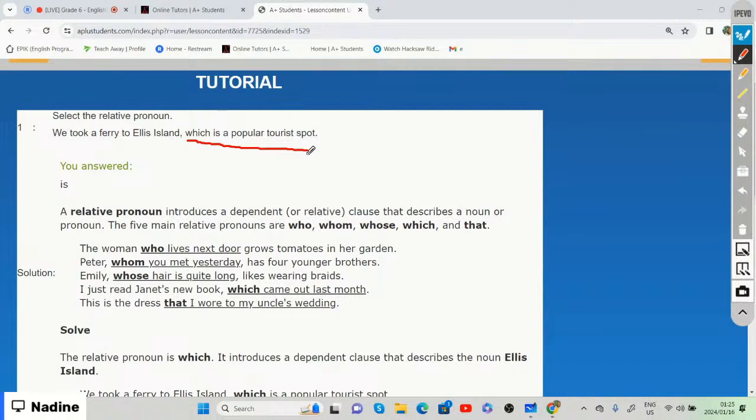So we then have to choose the word which, and it basically is the start of a dependent clause. So which is our relative pronoun.